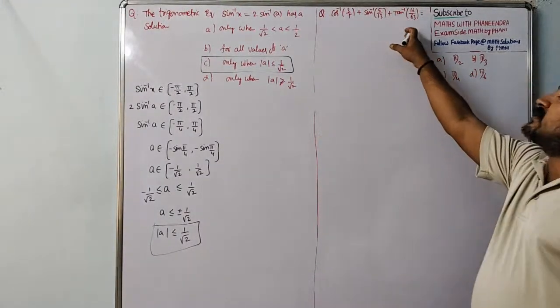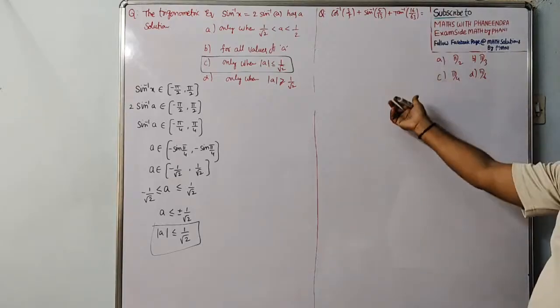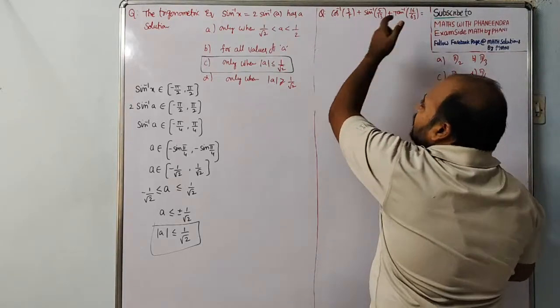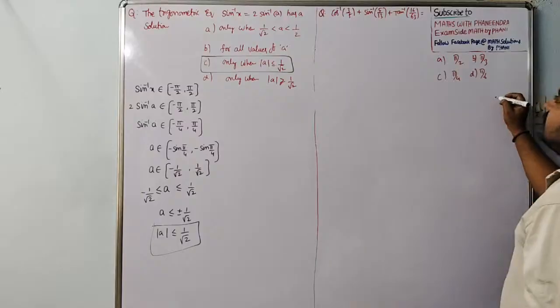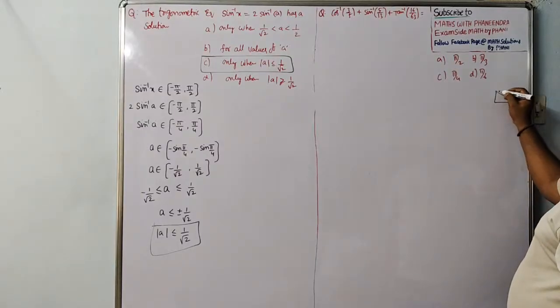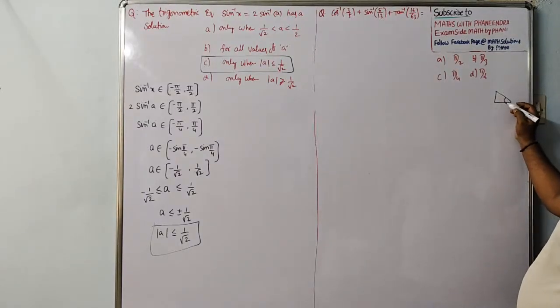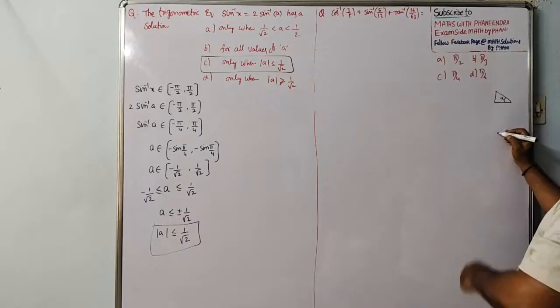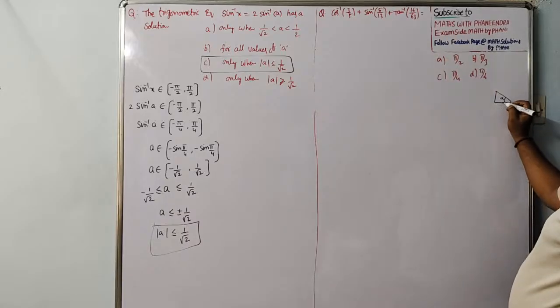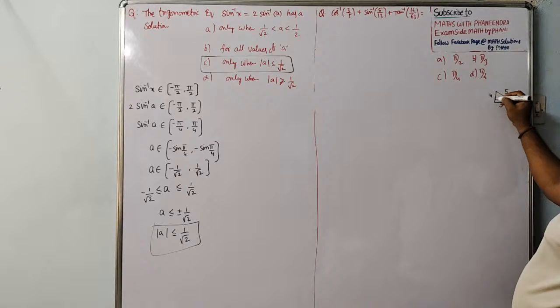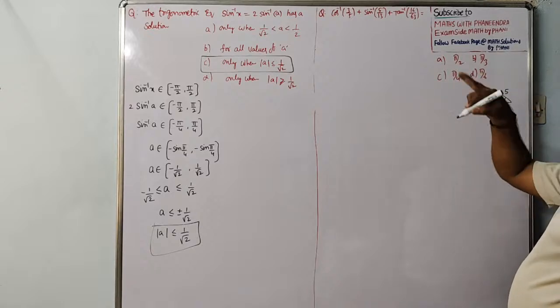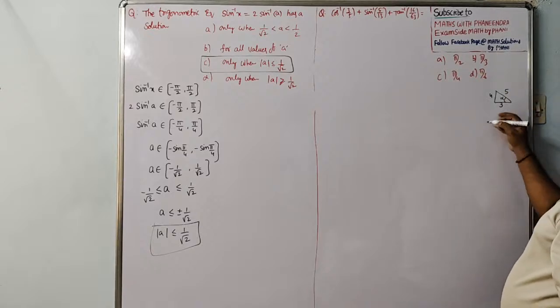Here, one sine, one cos, one tan is there. So these two we will convert in terms of tan. See, cos inverse 3 by 5. Cos definition is adjacent side by hypotenuse. Suppose we take the angle alpha, then obviously the opposite side will be 4. So in its place we can write tan alpha equals 4 by 3.